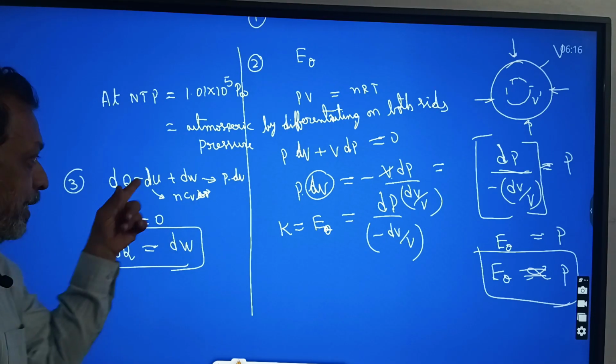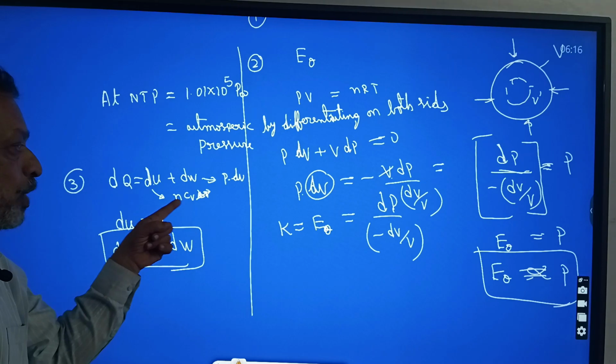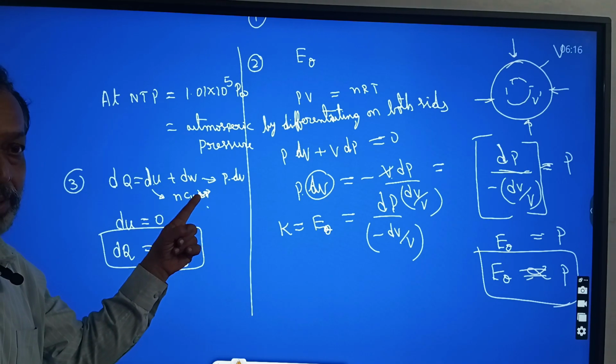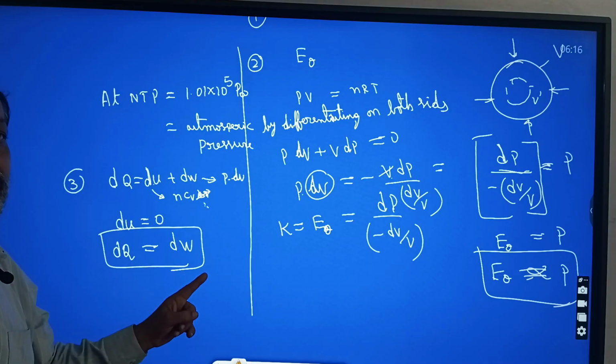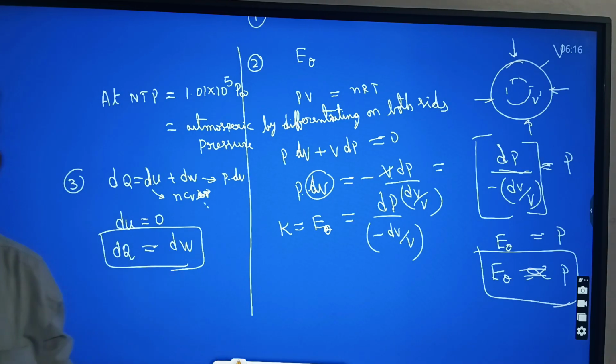But here, internal energy is equal to nCv dT, temperature required. But temperature is 0. Then finally, dq is equal to work done. Okay. Right. dq is equal to work done.